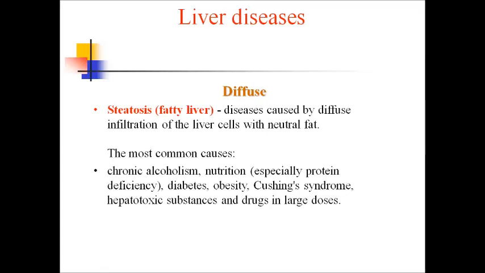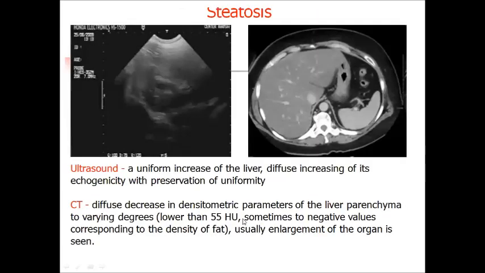Steatosis, or so-called fatty liver. Disease is caused by diffuse infiltration of the liver cells with natural fat. Let's not focus on the reason of this process. It's chronic alcoholism, nutrition problems, obesity, and many others. Radiological signs.